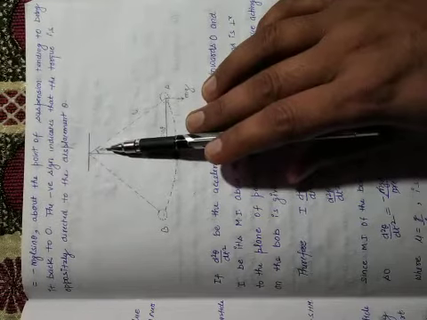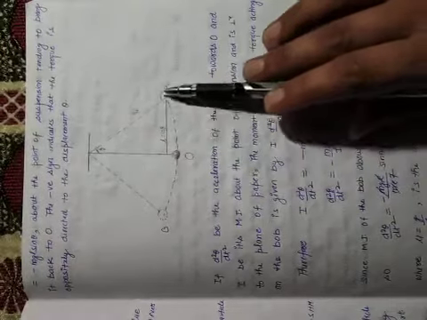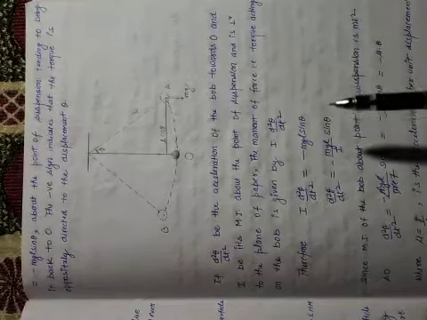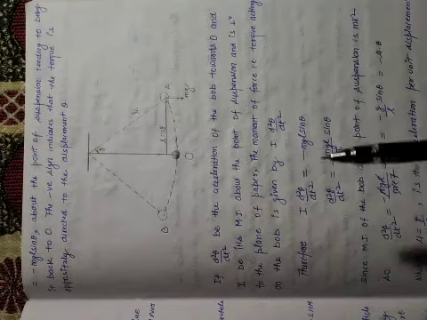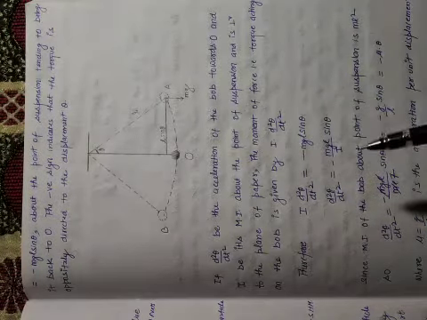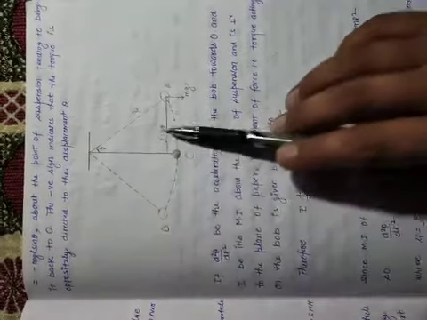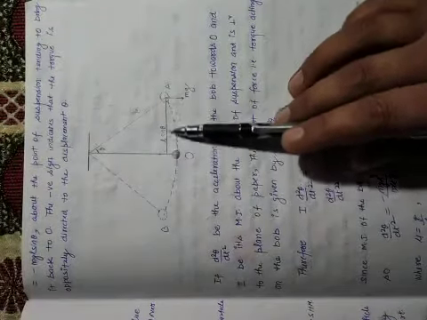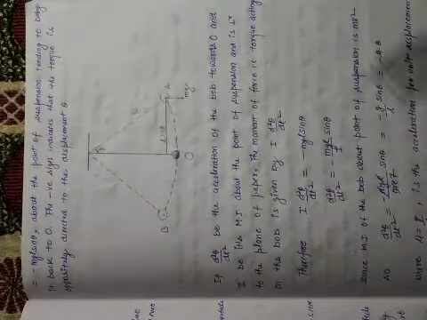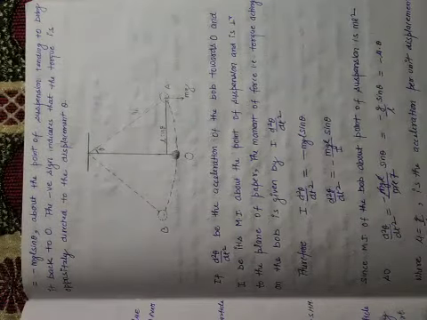That is, the bob is displaced by an angle theta and the weight mg is acting downward, and this exerts a torque mgl sin theta. This is because this length is l sin theta and the weight is mg, so the torque acting upon the bob is mgl sin theta.